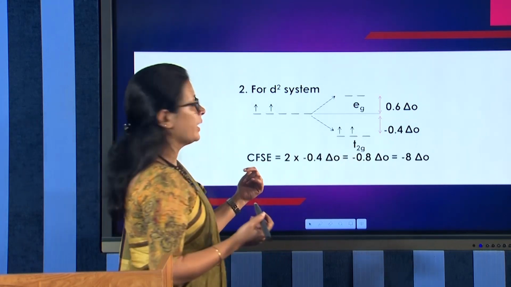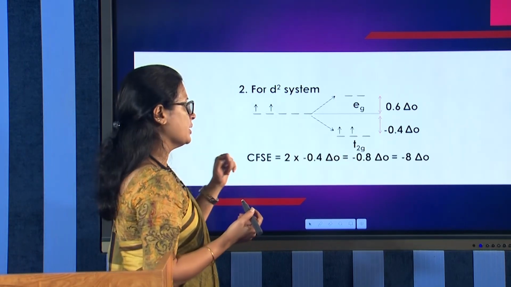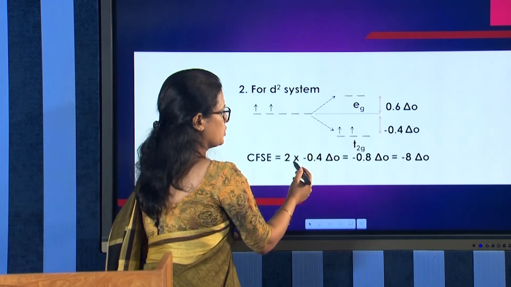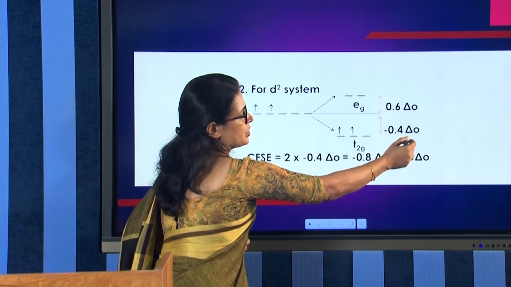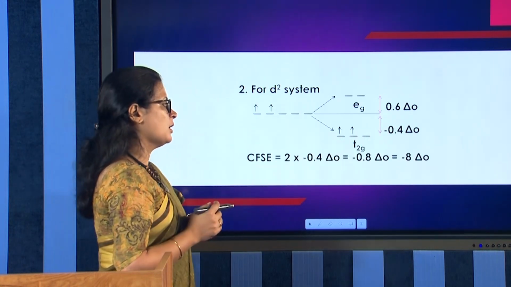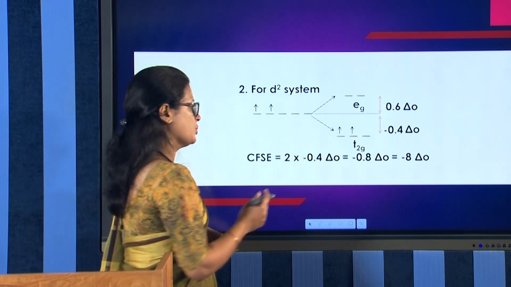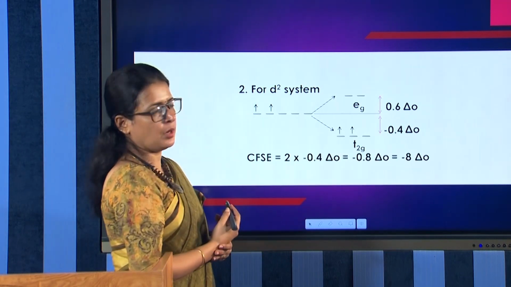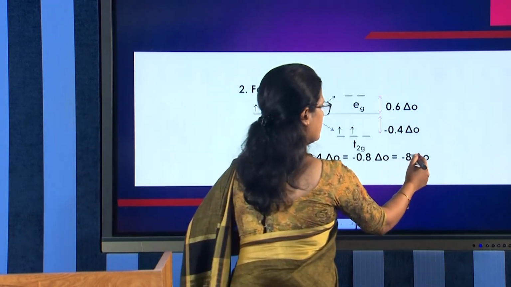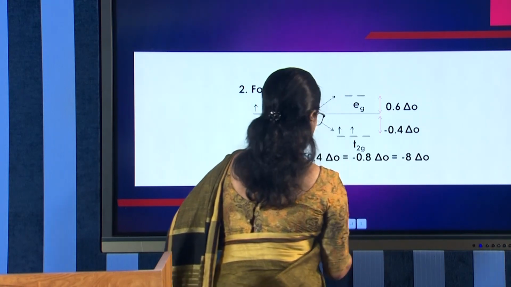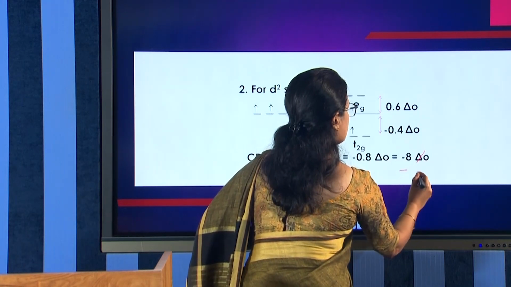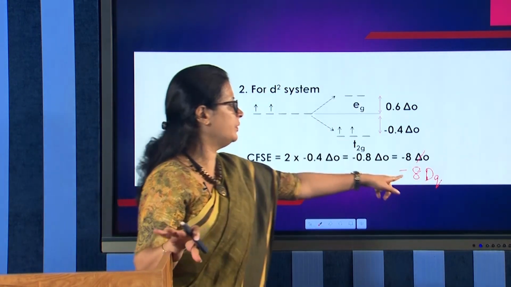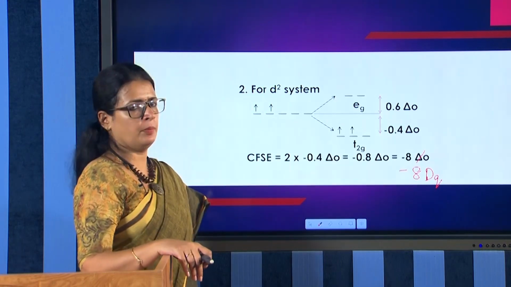And now you can calculate the crystal field stabilization energy. While calculating, how many electrons are there in T2G set? 2 electrons. So, 2 into what is the stabilization energy of the T2G set? It is minus 0.4 delta O. So, 2 into minus 0.4 delta O, that is minus 0.8 delta O, or you can write it as minus 8 dq.